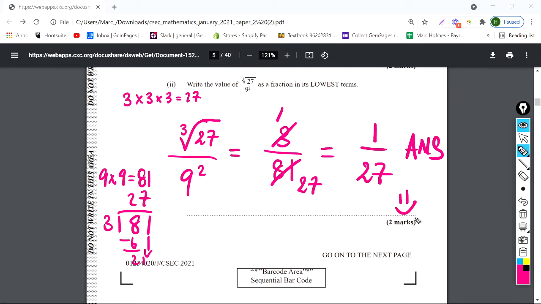Cool. This is really easy too. 2 marks for that, and it's not difficult at all. So let's move on to the next question.